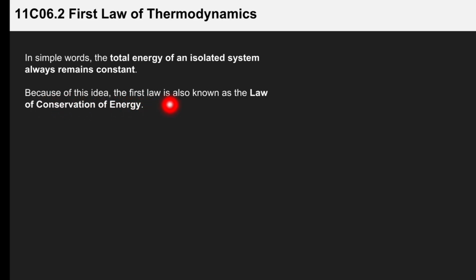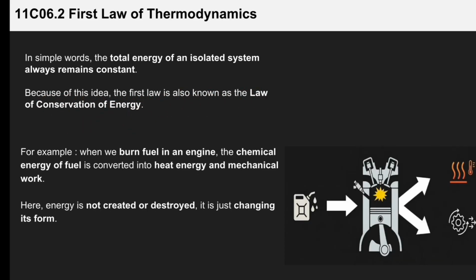Because of this idea, the first law of thermodynamics is also known as the law of energy conservation. For example, when we burn fuel in an engine, the chemical energy of the fuel is converted into heat energy and mechanical work.